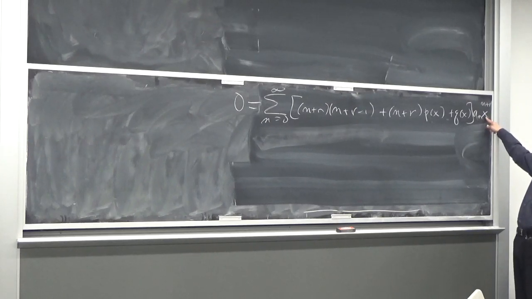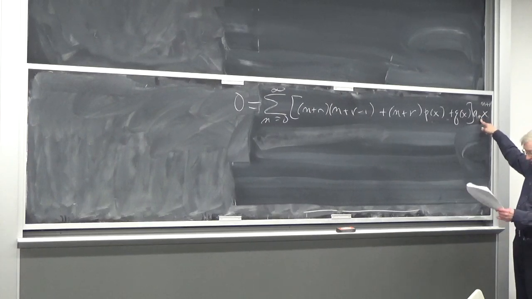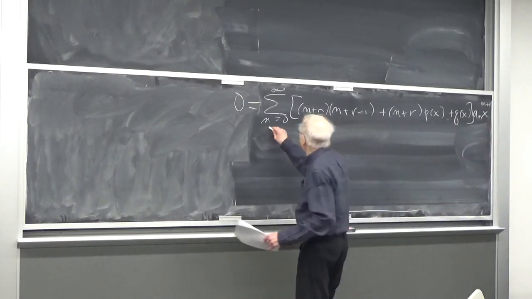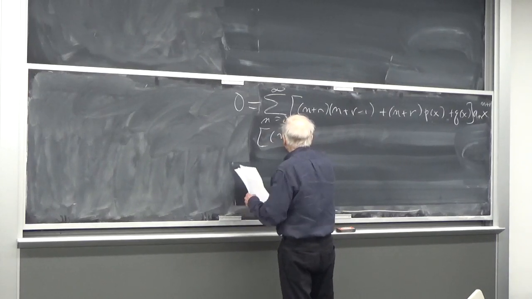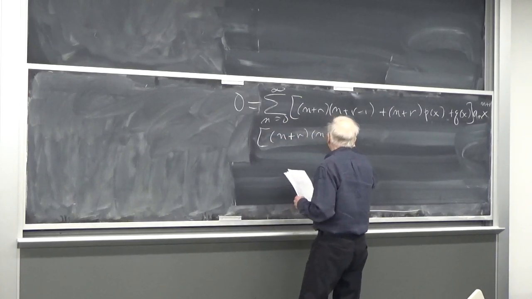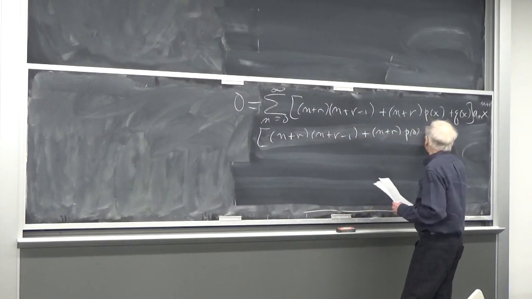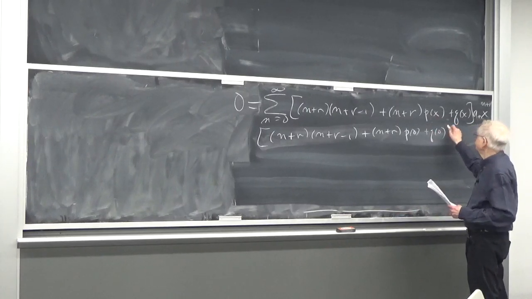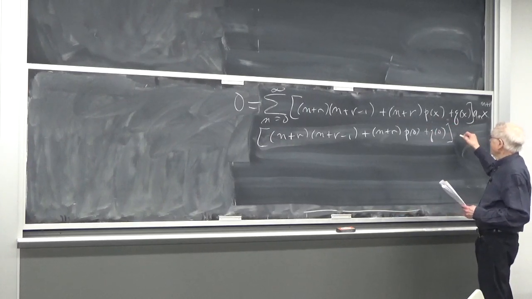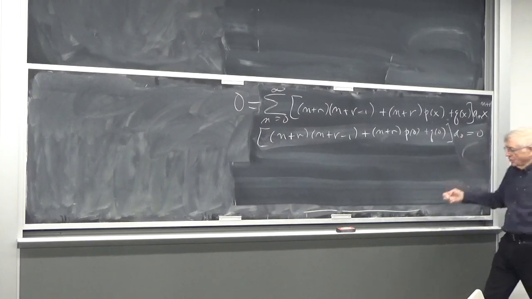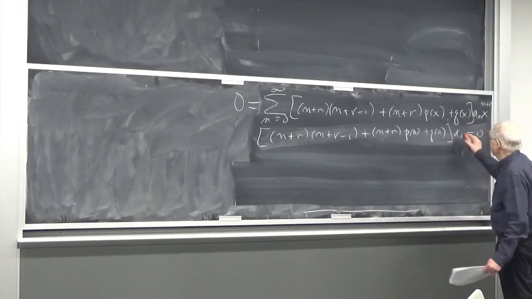If we set x equal to 0, the lowest term that survives here is going to be a0, and that would give us the equation (r)(r minus 1) plus r p of 0 plus q of 0, times a0, would have to equal 0, but a0 is by definition not equal to 0.